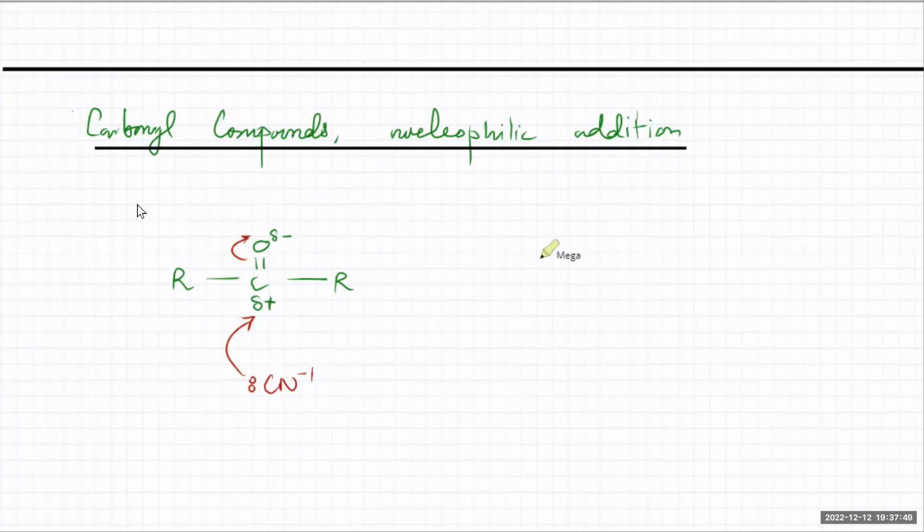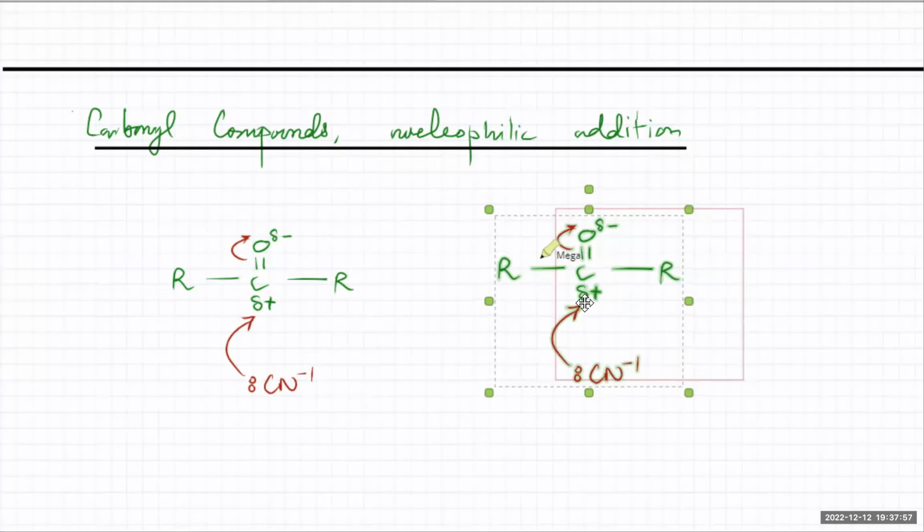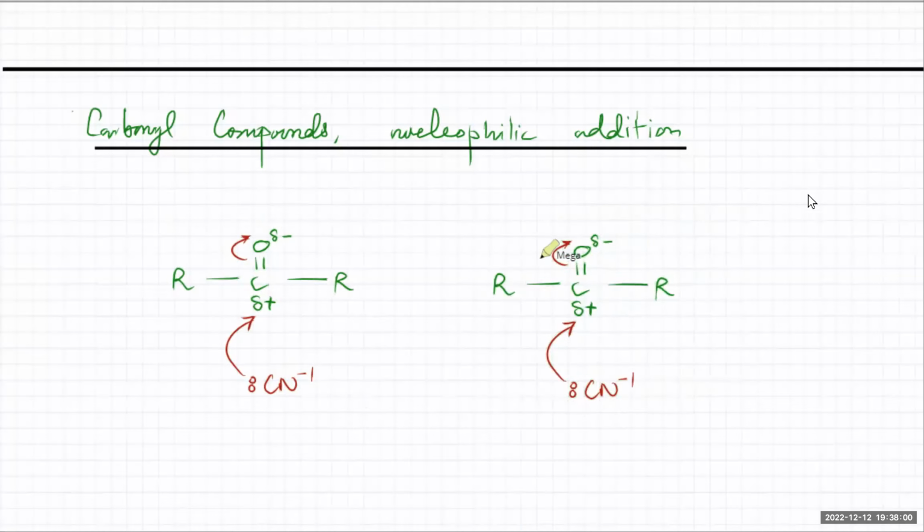So the next step is that the CN at the bottom joins up with its lone pairs getting attracted to the carbon, which was positive. So the CN has joined. And the electrons in the double bond get repelled.